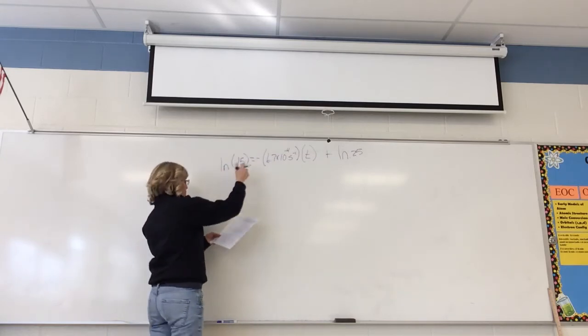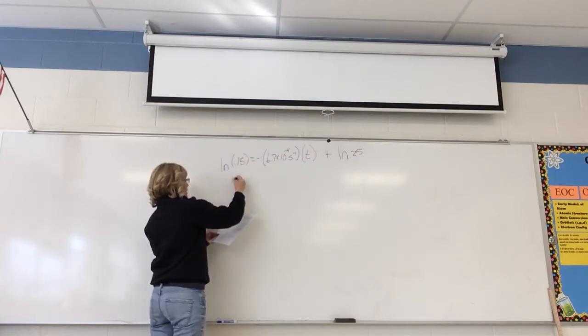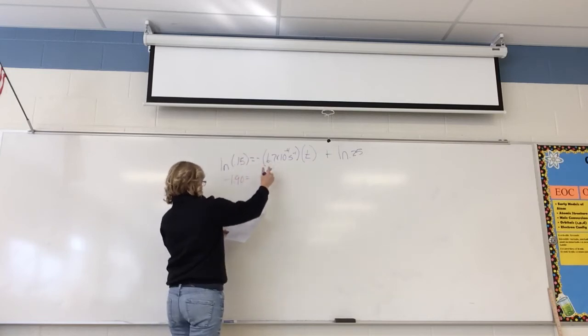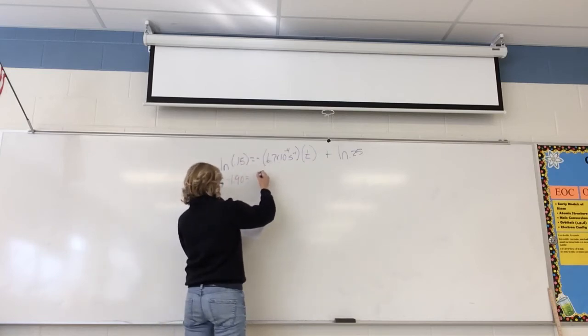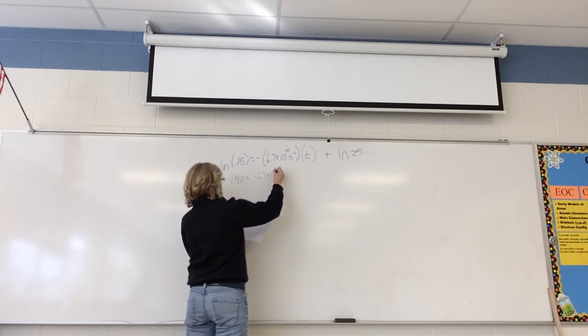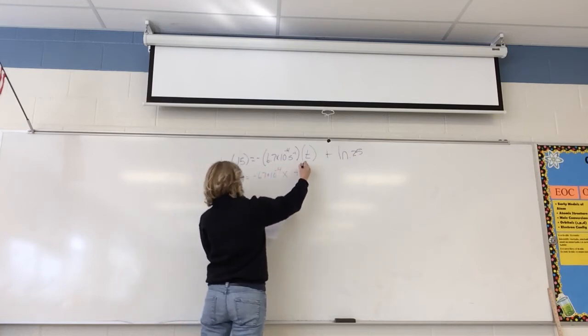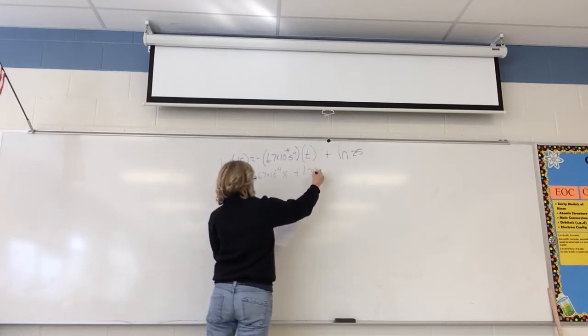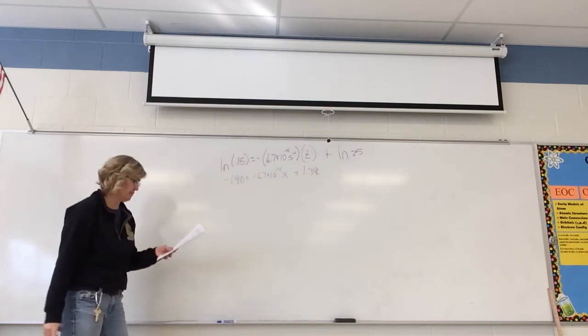The natural log of 0.15 is negative 1.90. This is negative 6.7 times 10 to the negative 4th x plus 1.39, which is the natural log of that.